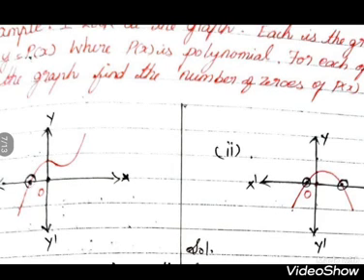How can you calculate that? The graph can intersect the x-axis at least at 1 point or more. Now the first graph intersects the x-axis at 1 point, so it has only 1 zero. The second graph intersects at 2 points, so it has 2 zeros.